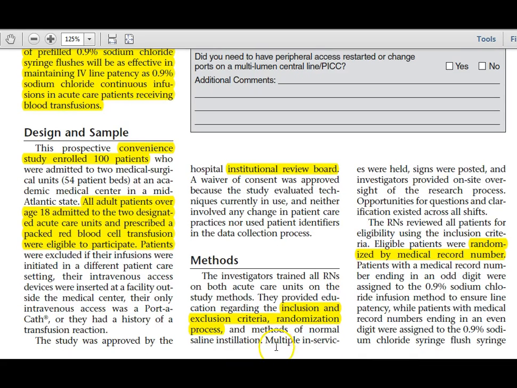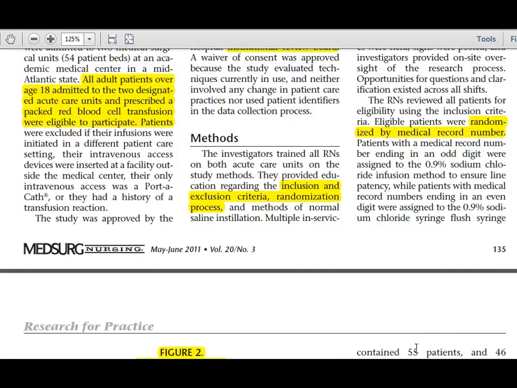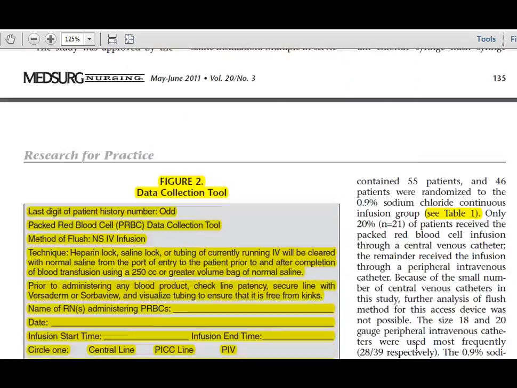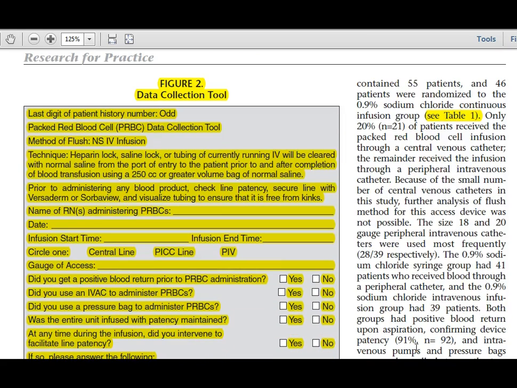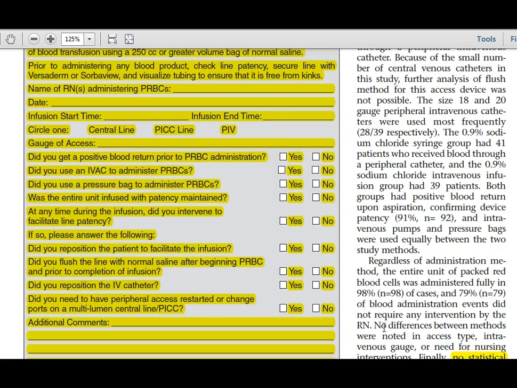Methodology for the study is explained, and the randomization of the subjects is explained as well. You can see they've put in here the data collection tool, which is great because perhaps it can be duplicated in another study by another researcher.